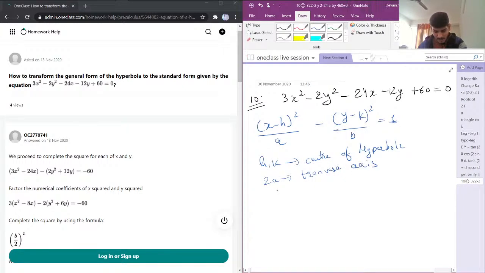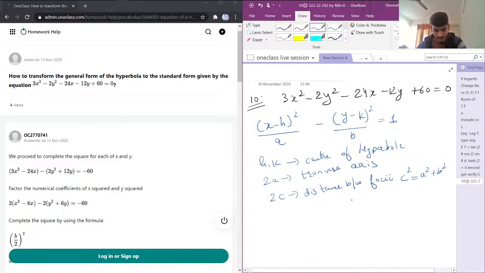Then we have the distance between the foci, 2c, which is given by c squared equals a squared plus b squared.